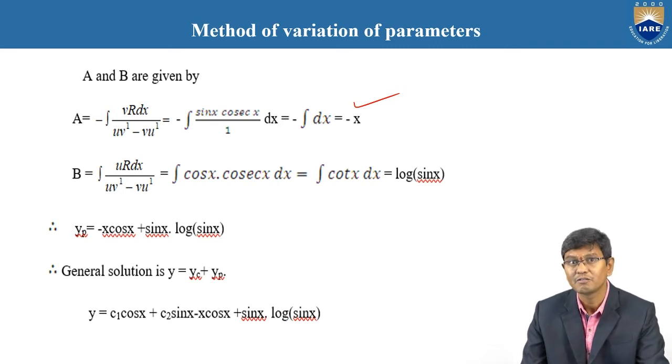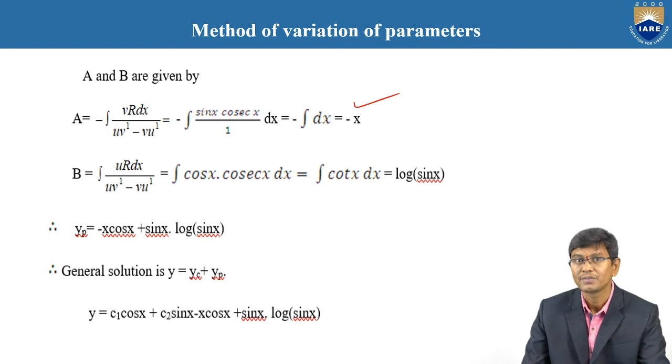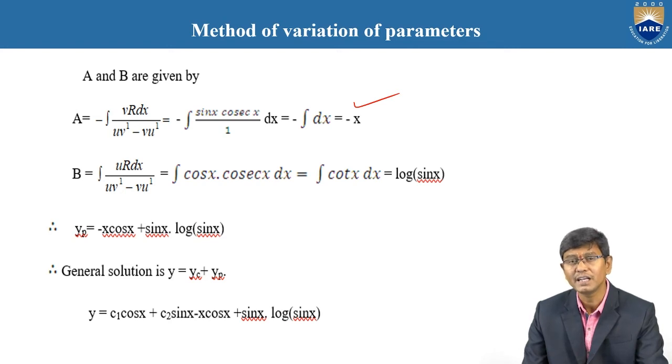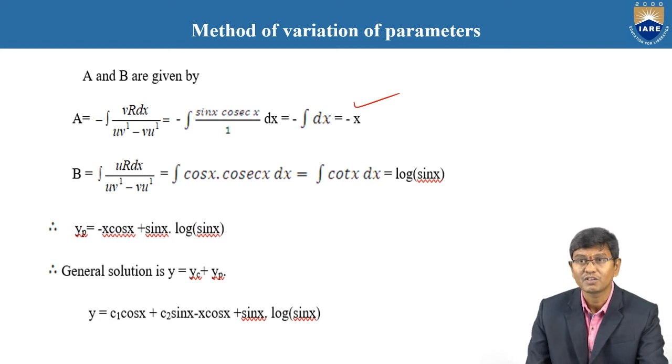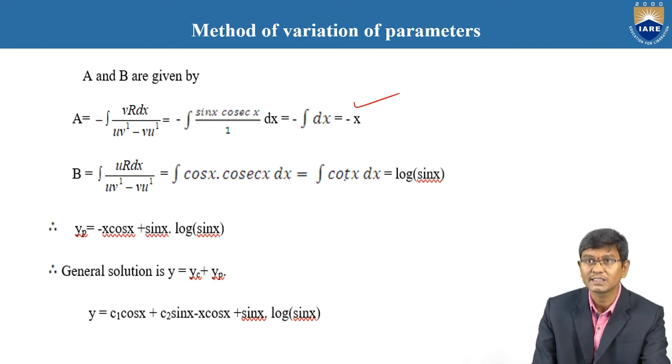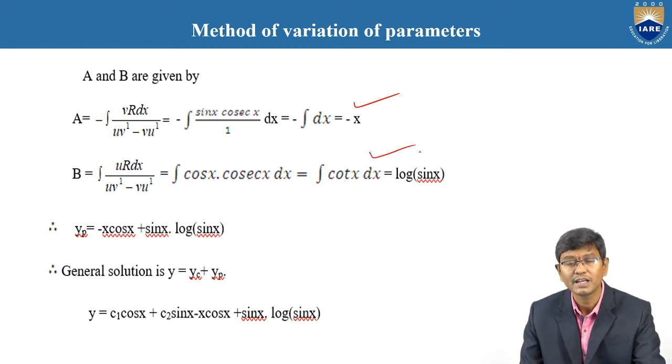The integration of 1 is x only, therefore minus x is the value of a. Now we find b with the help of the integration of ur by uv dash minus v dash into dx. Replacing the values u, r, uv dash and v dash, the integration part is cot x into dx. The integration of cot x dx is log modulus of sin x.